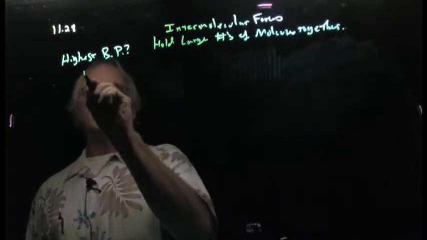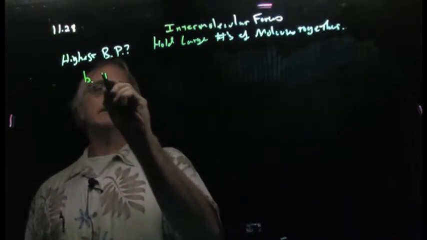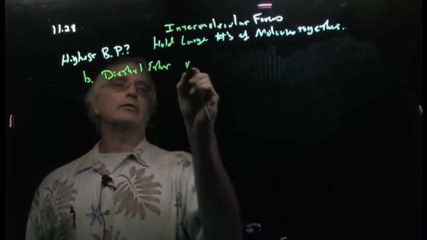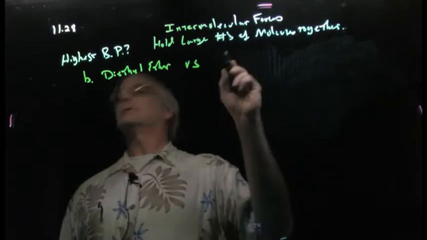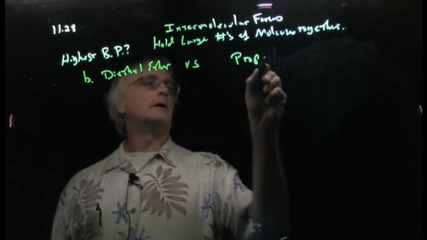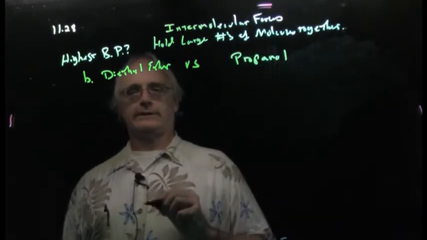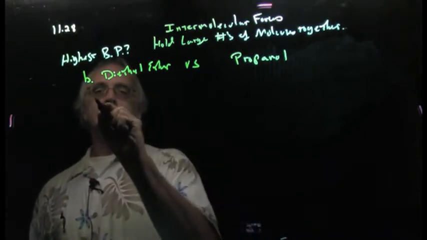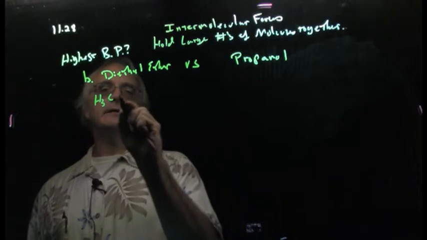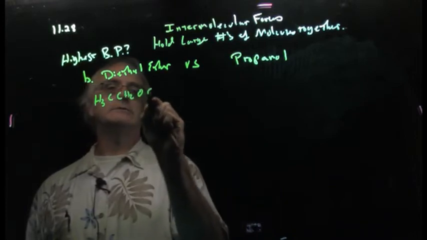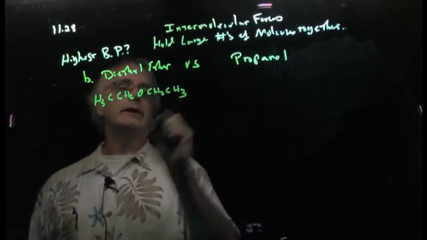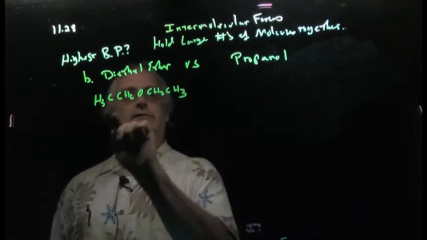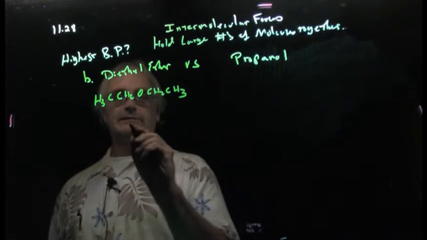Part B. They want us to look at diethyl ether versus, which one was it? Propanol. All right. Now, for diethyl ether, they give us this information, CH3, CH2, CH2, CH3. Writing that out, you can almost see how this is going to go. You've got an oxygen in the center with two identical things on each side.